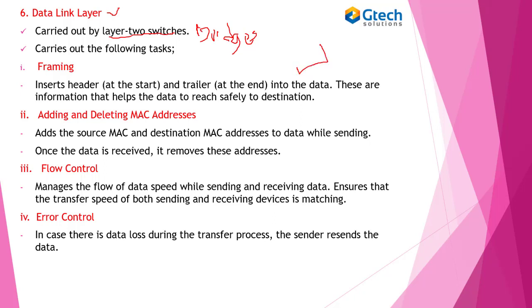For example, this one is data, this one is header, and this one is trailer. The trailer is inserted at the end of the data, the header is inserted at the beginning of the data, and it is sent as a frame.